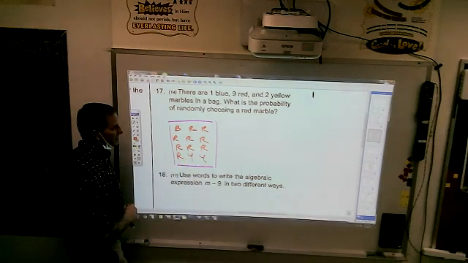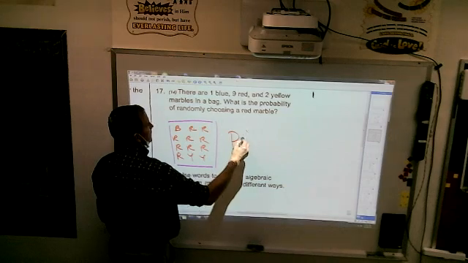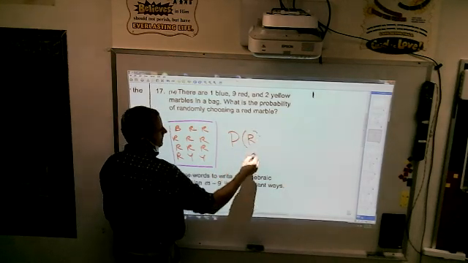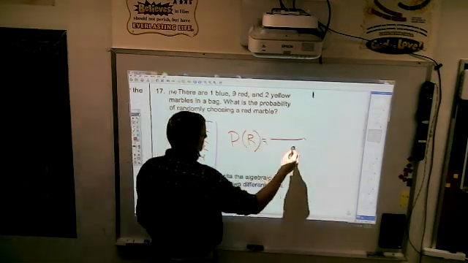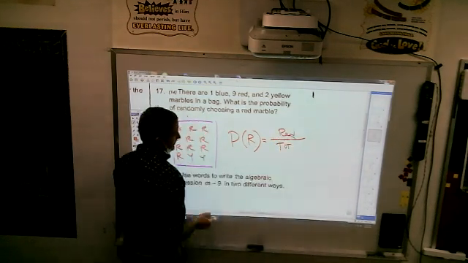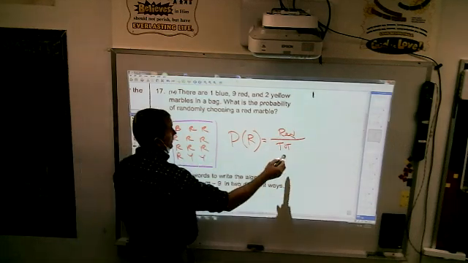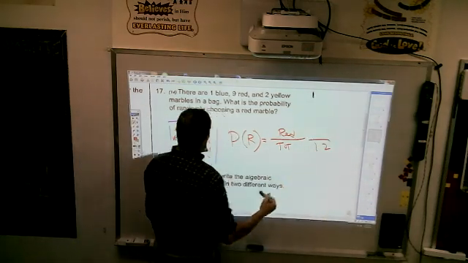If you want to color code it, that would work too. What is the probability of choosing a red marble, Tyler? Which just means how many total marbles are there and how many of them are red. How many total marbles do we have, Tyler? 12. And how many of the 12 are red? 9.